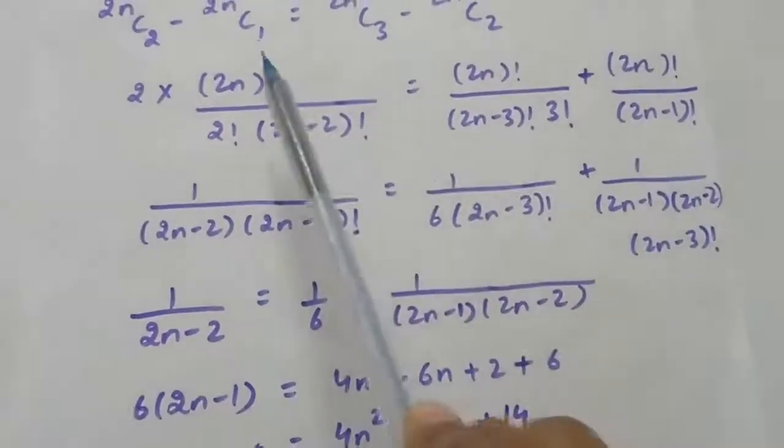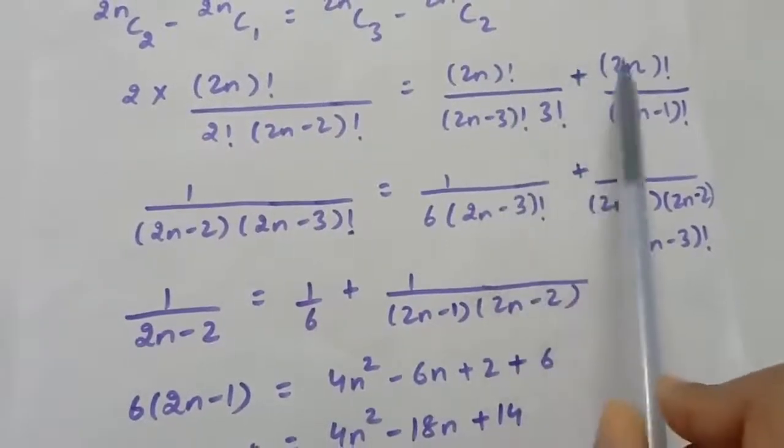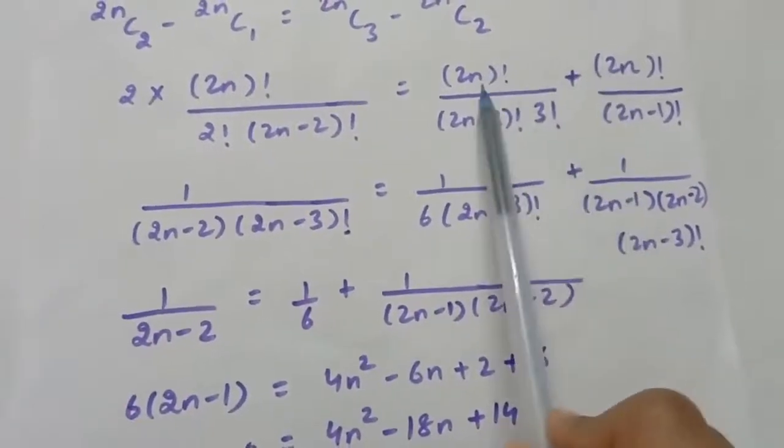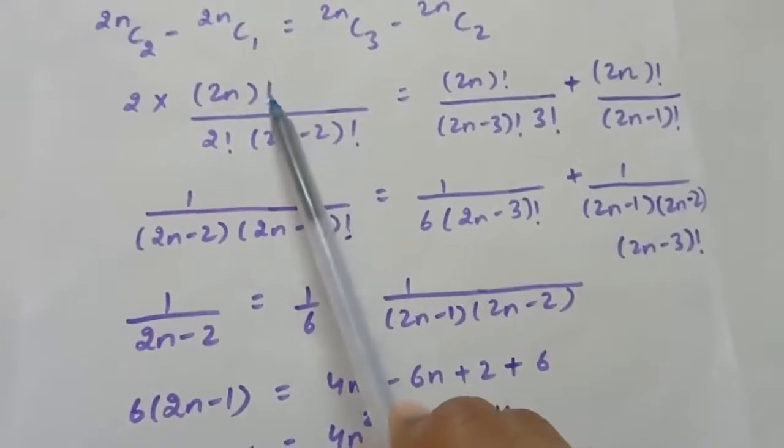Now see, you can take 2n factorial common from these two terms, and here also 2n factorial exists.